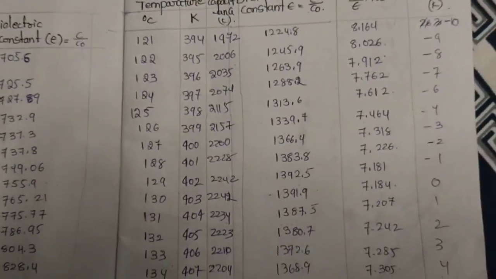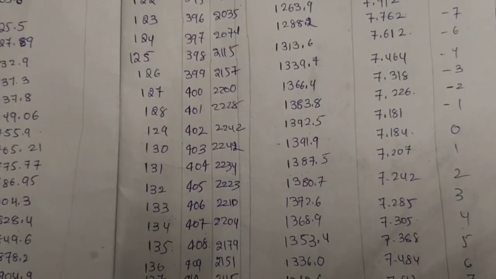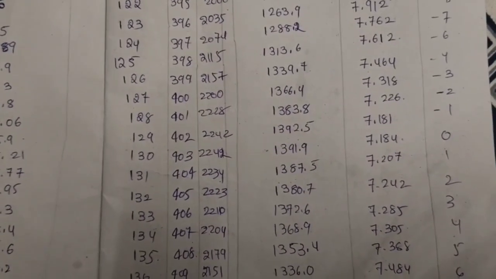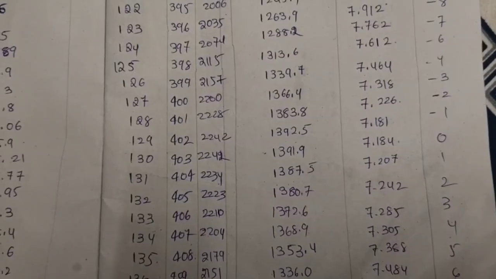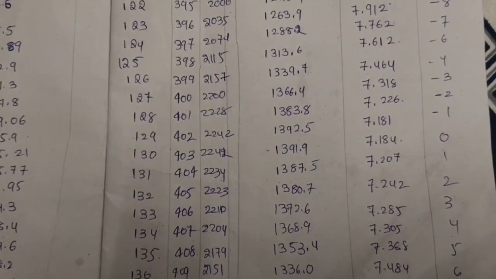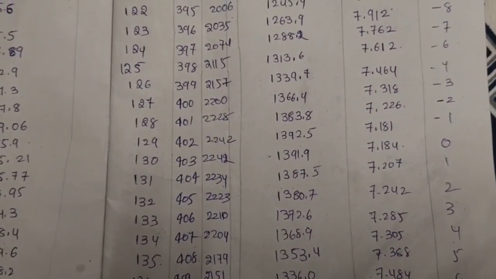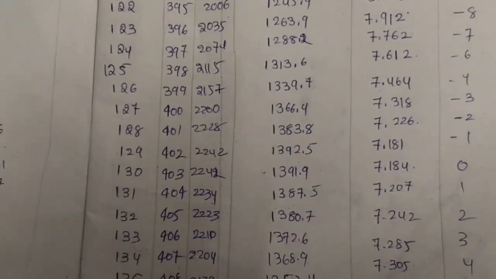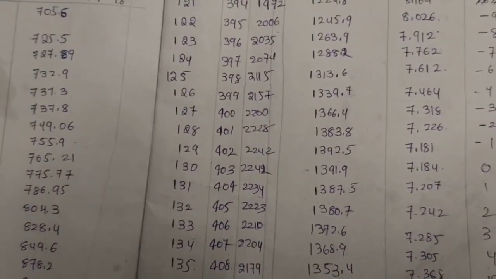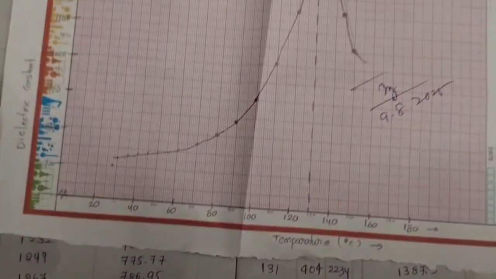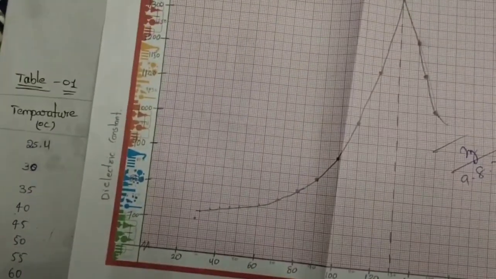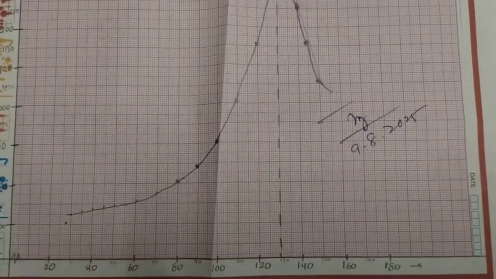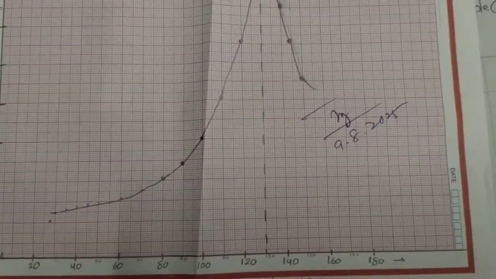As you can see here, between 134 and 135 there is a drastic decrease in the capacitance. At 134 the capacitance is 2204, and at 135 degrees it is 2179. Based on these values, we will be calculating the Curie temperature graph, in which we take temperature on the x-axis and dielectric constant on the y-axis, and plot the Curie temperature of the given capacitance.